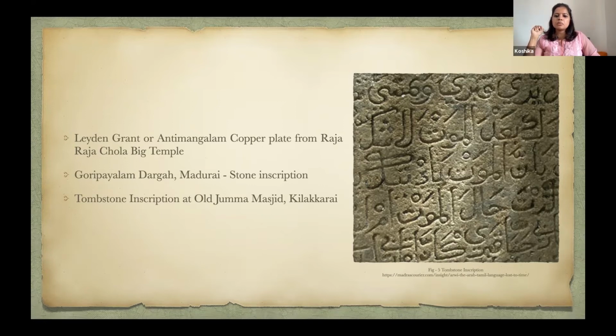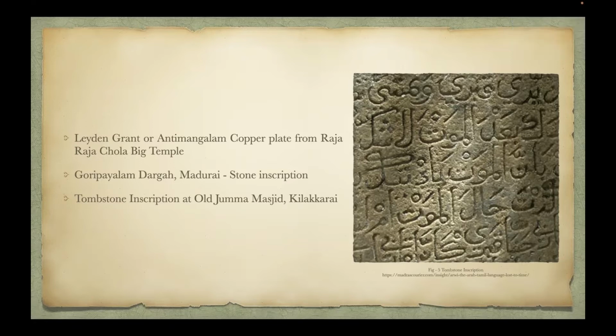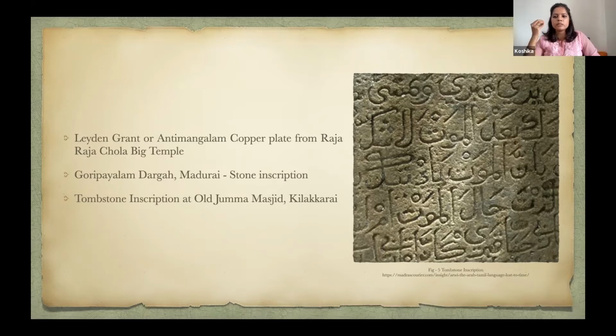So this shows how Muslims, that is Arabs, had a place in court as well. If they had the authority to sign a rule, that shows how the Arabs played a really good role in the court as well.